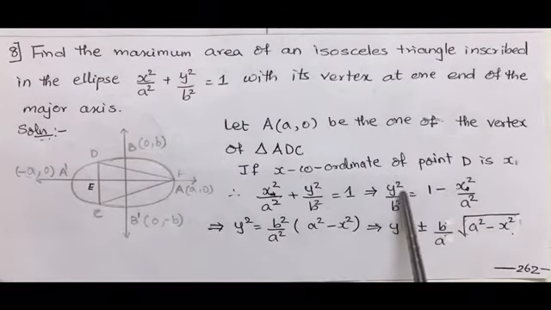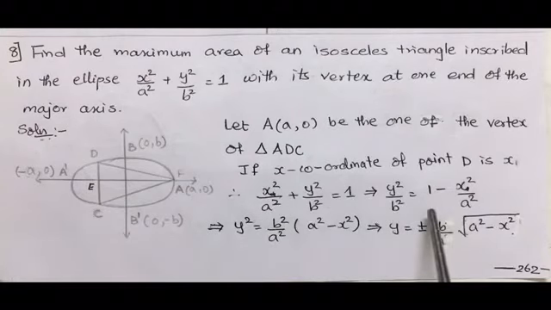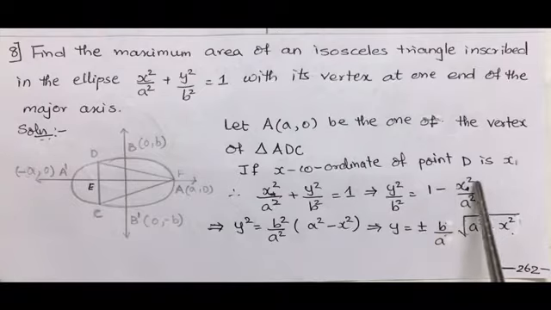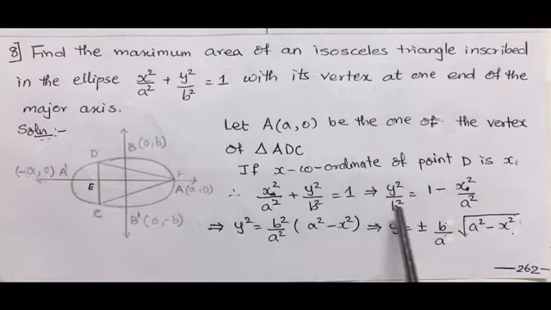So we get y square upon b square is equal to, shifting x square upon a square the other side, we get 1 minus x square upon a square. Taking the LCM and shifting b square the other side, we get y square is equal to b square upon a square into a square minus x square, by taking out the LCM and solving it.